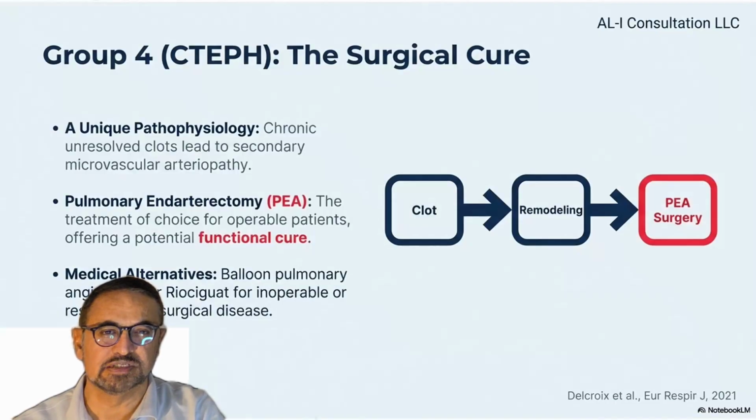The treatment of choice for operable disease is pulmonary endarterectomy, which can be transformative. For patients who are inoperable or who have residual disease after surgery, balloon pulmonary angioplasty and riociguat are important options. So whenever you suspect pulmonary hypertension, do not forget the VQ scan. Missing CTEPH means missing one of the few potentially curable forms.